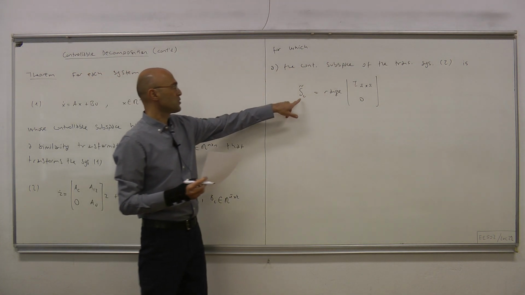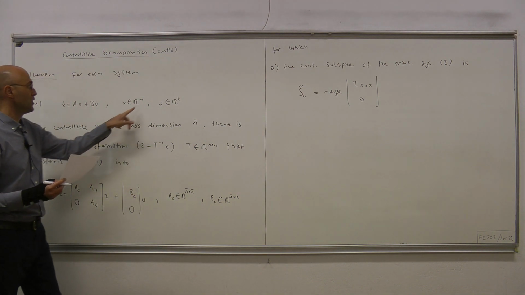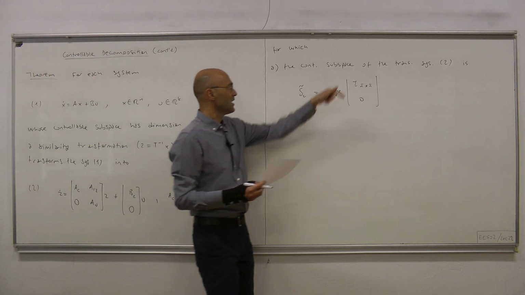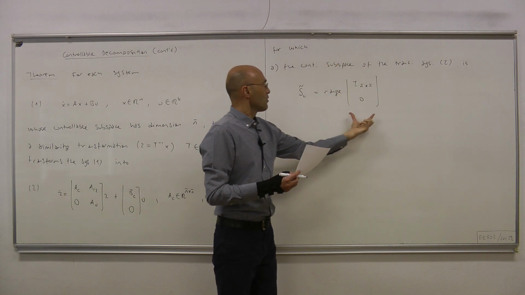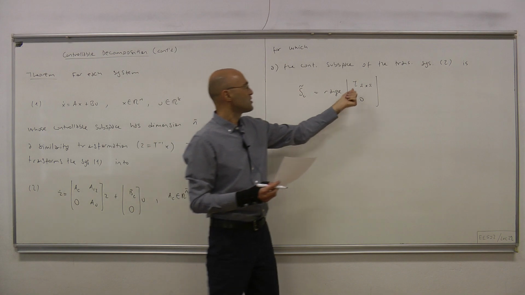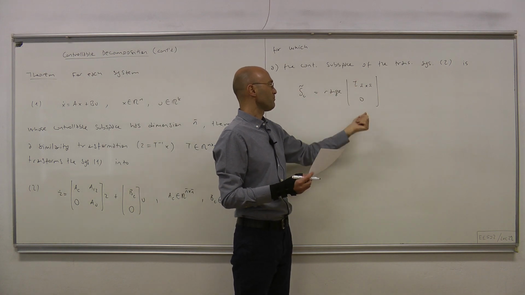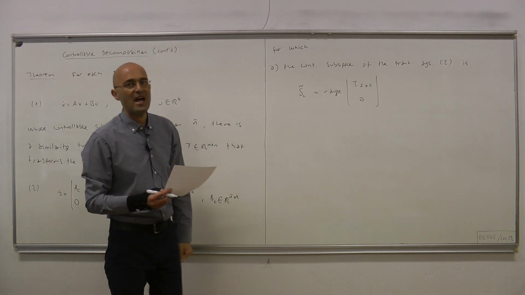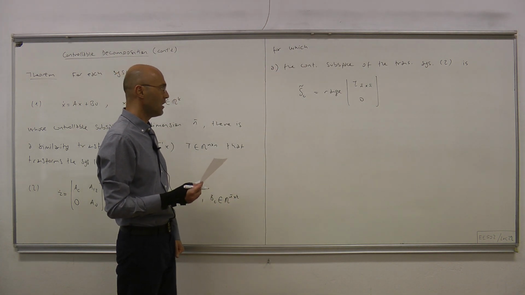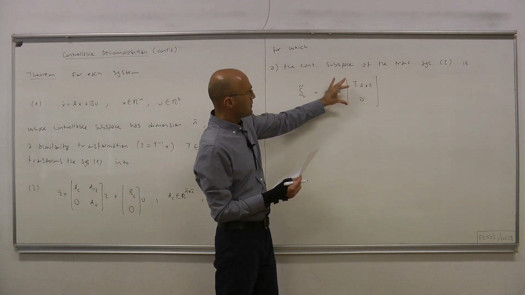Now since this is the controllable subspace of a system of order n, the column vectors of this matrix must be vectors in Rn. And since here we have the identity matrix n bar by n bar, it means that this matrix has n bar columns.